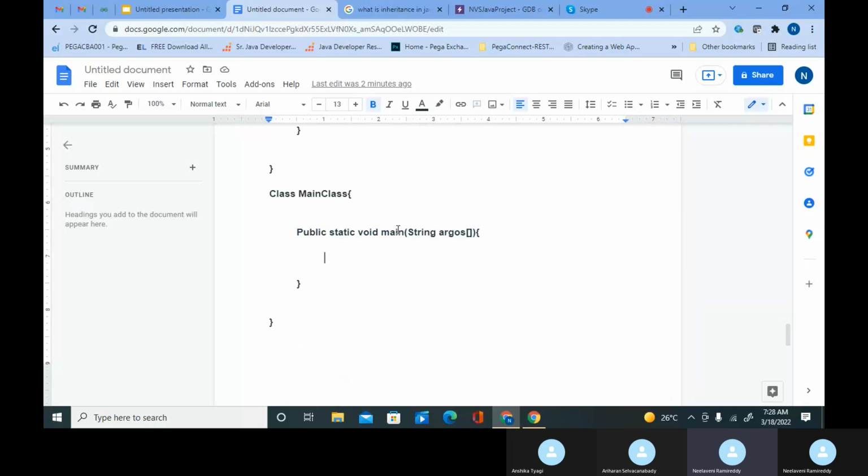At the end of this method we can't return anything, we can't hold this value from anywhere. Last time we saw int c equals add of a comma b. Inside a method you can return values, but this is itself the starting method, so where would we use a return type? Nowhere. So they made it void.